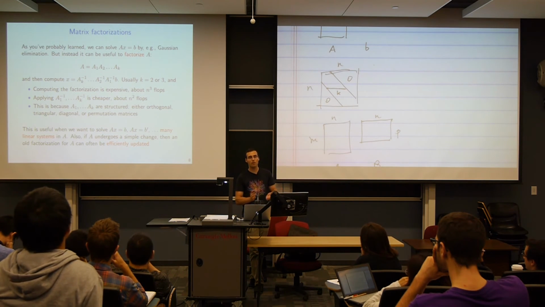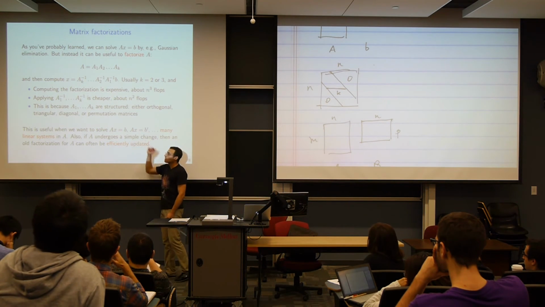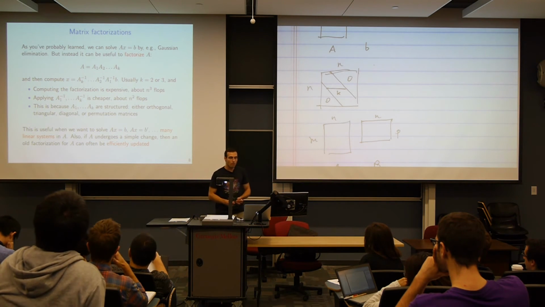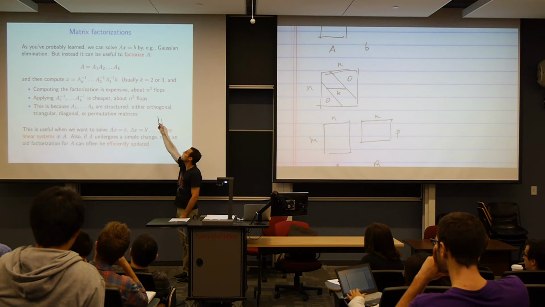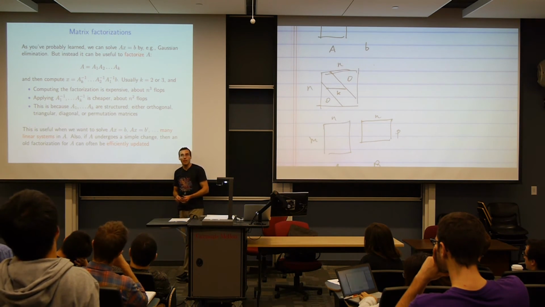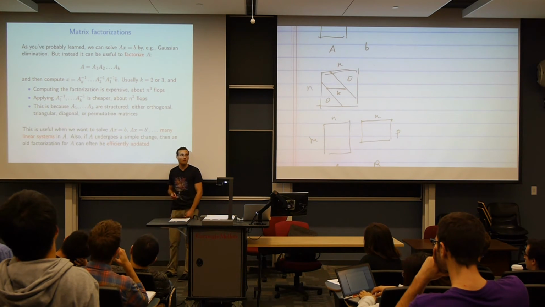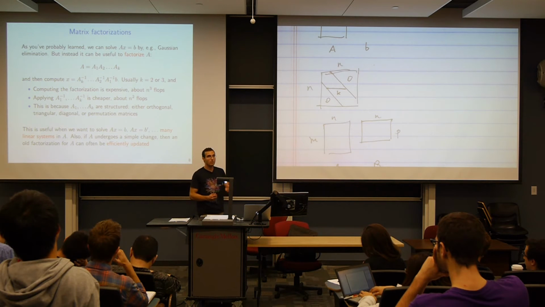That happens fairly commonly in practice: you'll encounter linear systems one after another, all in the same matrix A. And once I compute the factorization of A, the product A1 through AK that gives me A, I can use it for any linear systems I encounter downstream. That can be much more efficient than solving outright for each right-hand side, B or B prime, B double prime, etc.